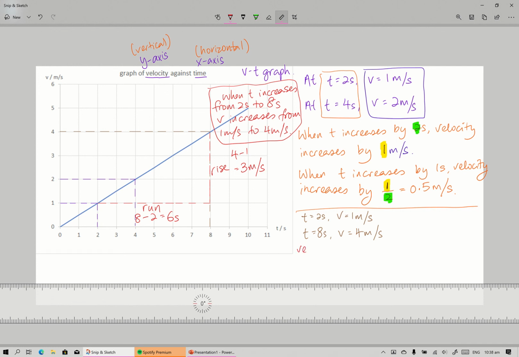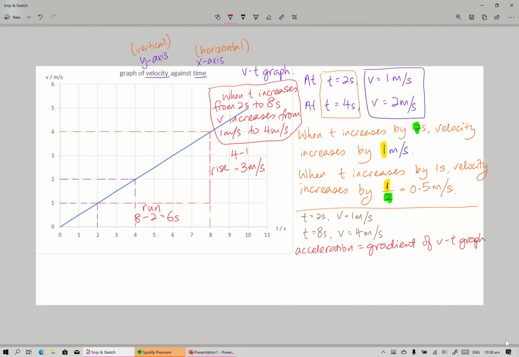And hence, acceleration equals gradient of VT graph. Acceleration equals gradient of VT graph, which gives you rise over run. And the rise will be 3 over 6. That'll give you 0.5. Sorry, forgot to include the unit.